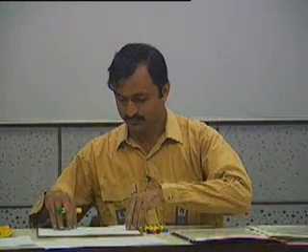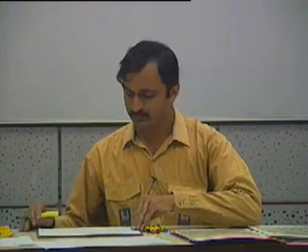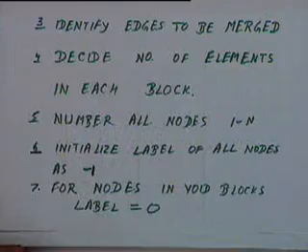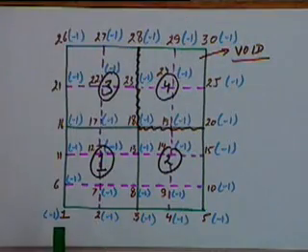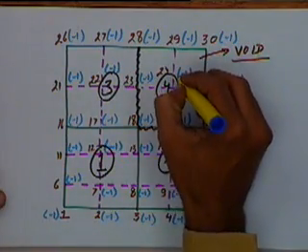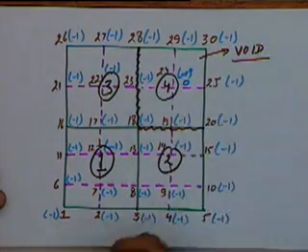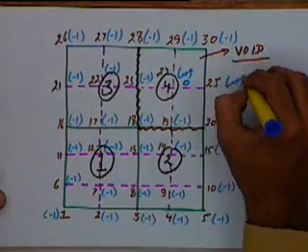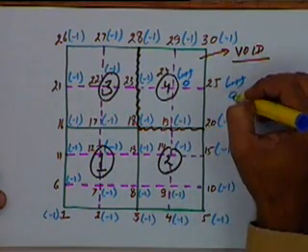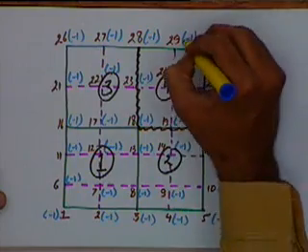For nodes which are inside a void block, we will put the label equal to 0. That means this label will be changed to 0, this will be changed to 0, this will be changed to 0, and this will be changed to 0.